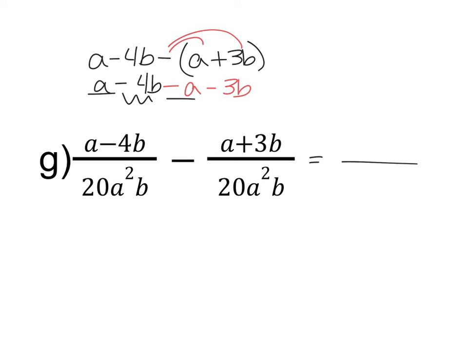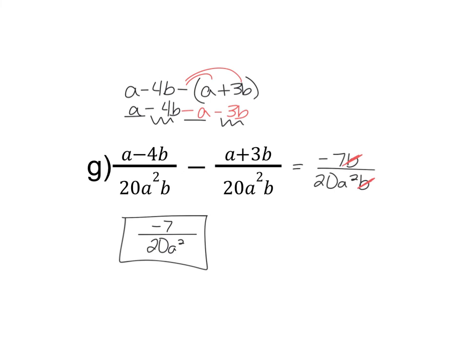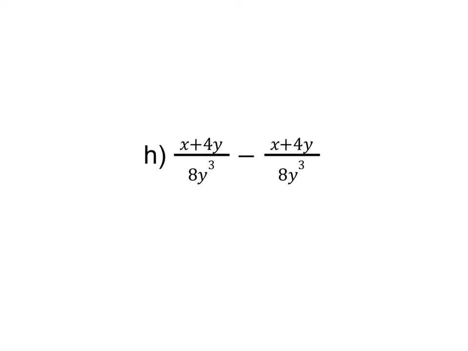Negative 4b and negative 3b would give you negative 7b. And then just move your denominator over. Can you simplify anything? Yes, the b's cancel. So you're left with negative 7 over 20a squared. You can write that negative out front or up top, it doesn't matter. It makes the whole thing negative.